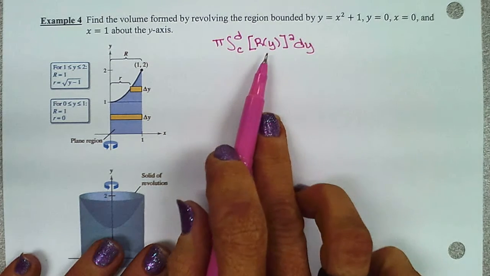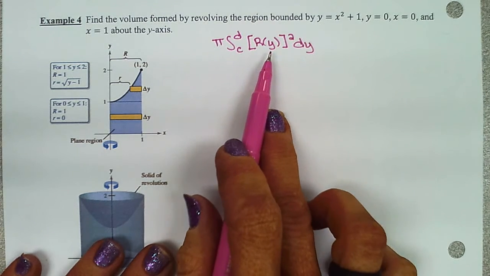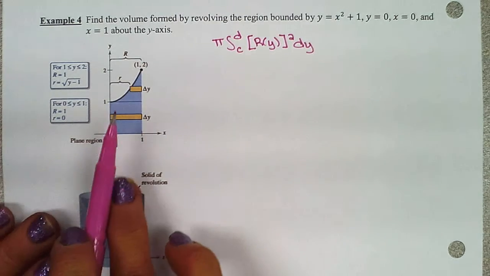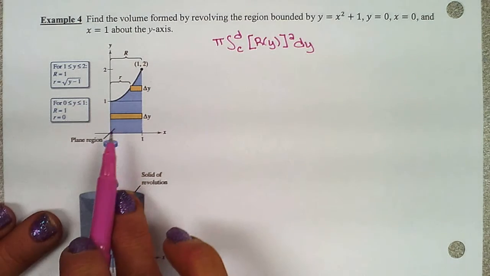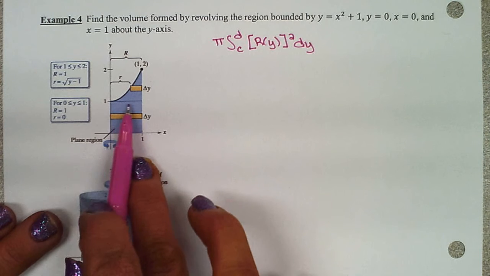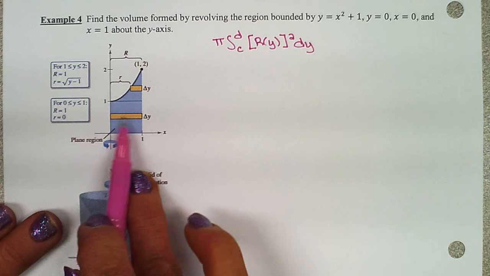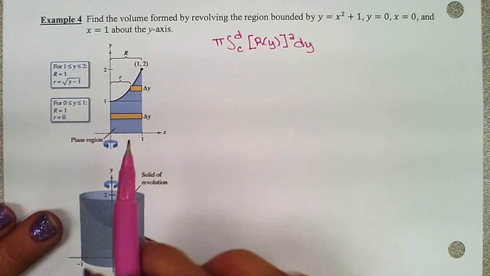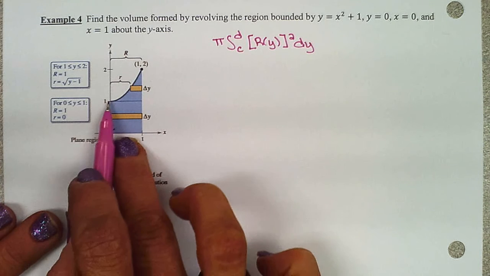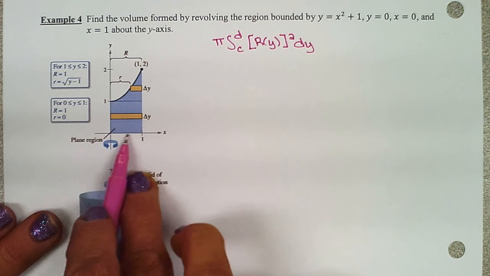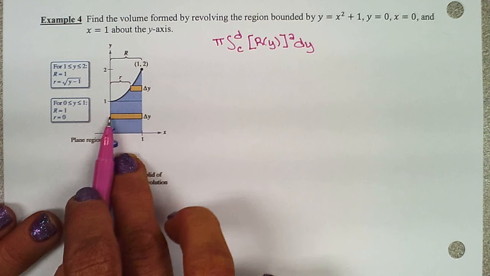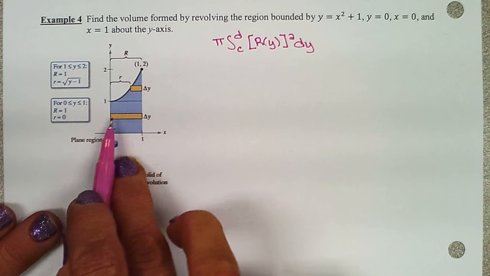But we're going to have to be careful because even this is going to be a little tricky, simply because if you look here coming along the y-axis, I have two different pieces here with different radius, meaning from 0 to 1, you can see this is one big solid chunk. So these rectangles are going to be constant the whole way through.